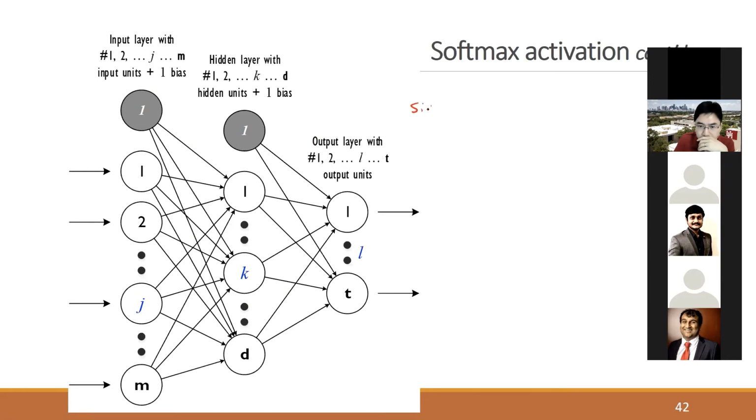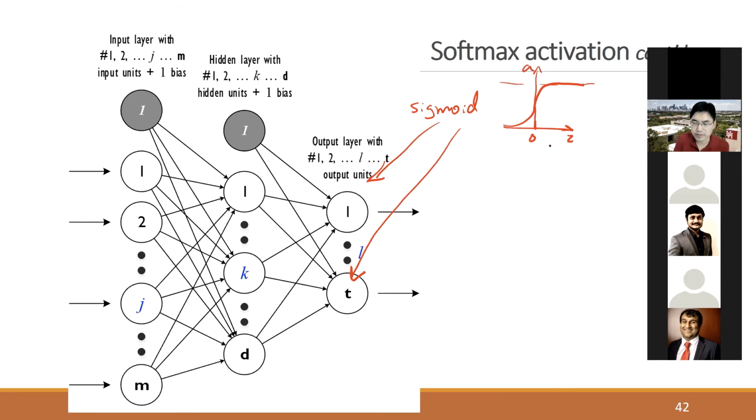Sigmoid is for every node in the output layer. This is what it does. It activates the Z to the activated value by using this function. Its range is between 0 and 1.